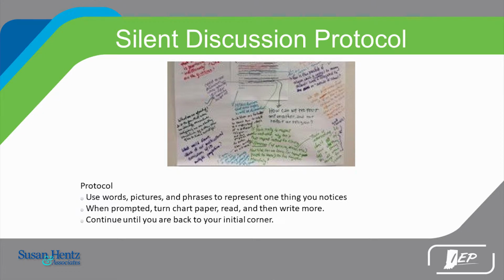Another silent way for them to all participate would be the silent discussion protocol. You can just cover the desk or table with a large piece of white paper. Every learner has a section on the paper. They can use words or pictures or phrases to represent one thing that they noticed.